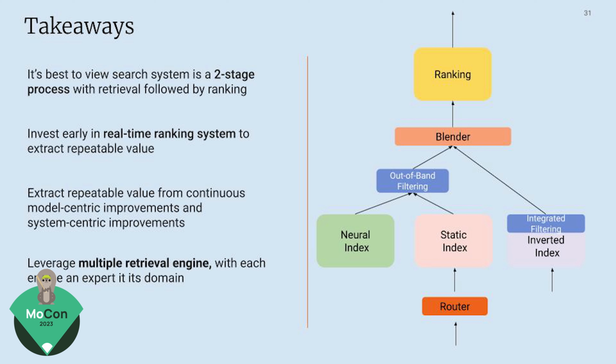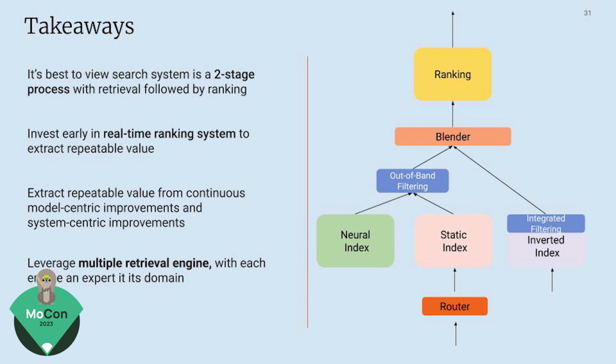But the end result for the ranking layer is just getting a bunch of great candidates out of this systems of experts for retrieval. And you have this nice two-stage search system with ranking, multiple retrieval engines, and things like filters that are now just first class in this new world.